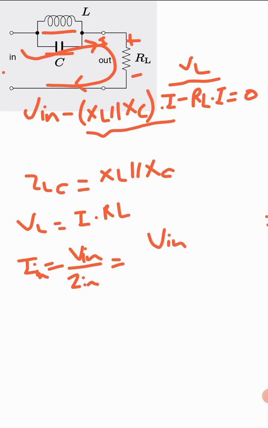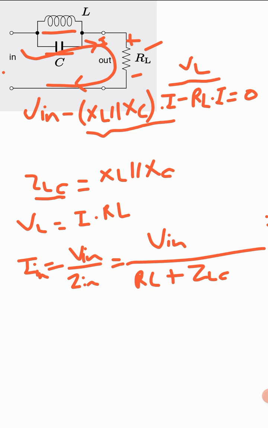So V in divided by Z in would be the sum of the resistance RL plus the effective impedance of the L and C network, which is ZLC. So it would be RL plus ZLC.